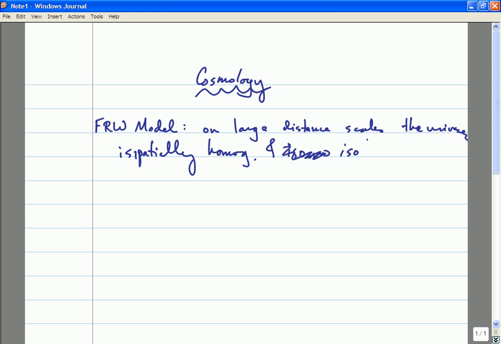Homogeneous in the sense that there is no preferred point in space, and isotropic in the sense that there's no preferred vector in space. What does that mean from a practical point of view?